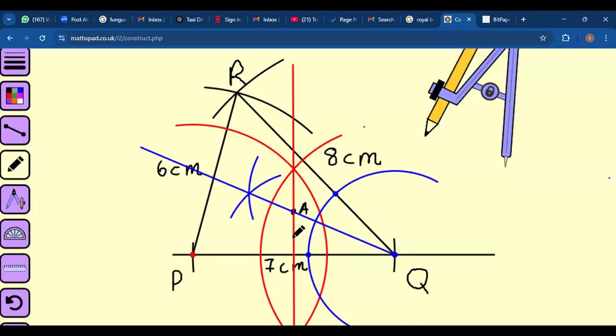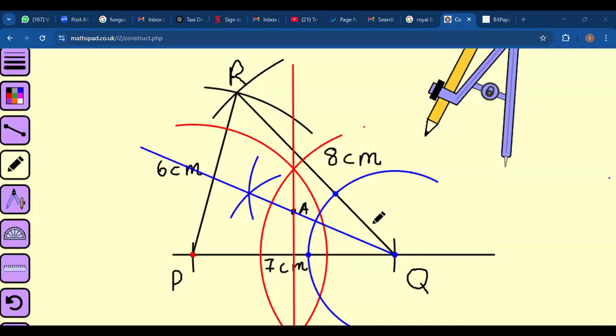Do you all understand that? Let me know, class, if you understand where point A is, where the two bisectors meet. That's where point A is, where the red line and the blue line intersect.